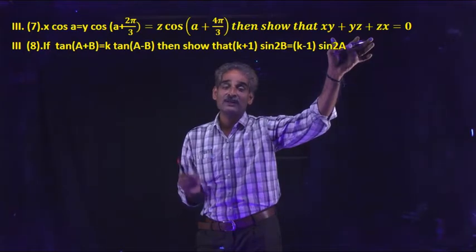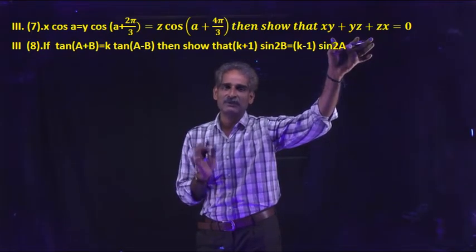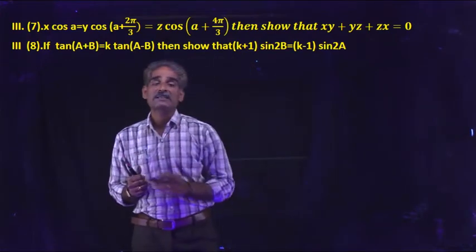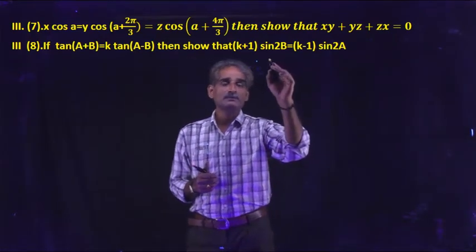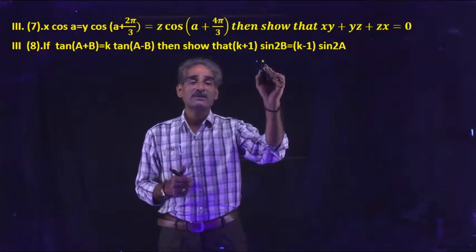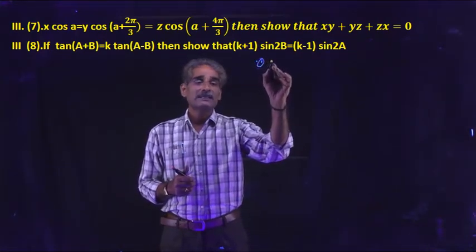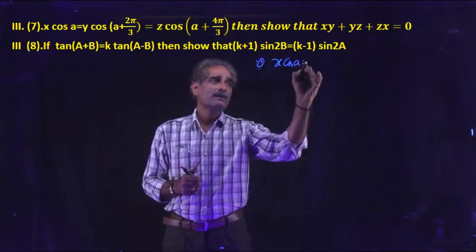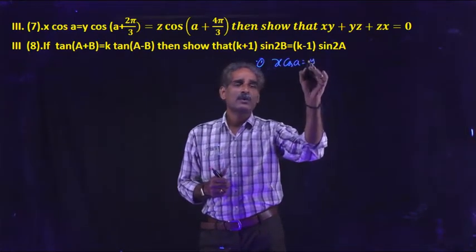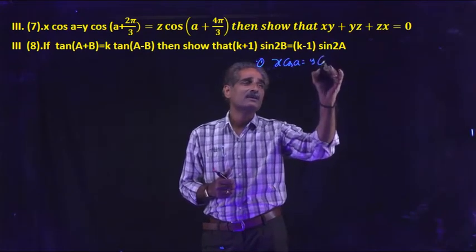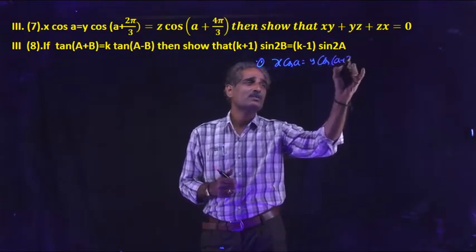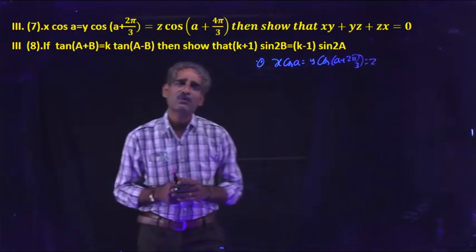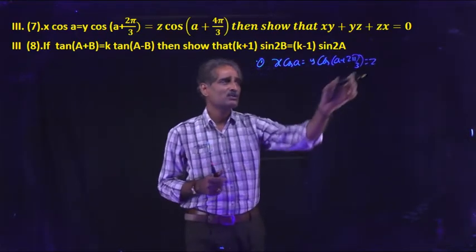We have to find out 1/x plus 1/y plus 1/z first of all. So now come to the given equation: x cos a is equal to y into cos of (a plus 2 pi/3) equal to z into cos of (a plus 4 pi/3). Here 2 pi/3 is there.